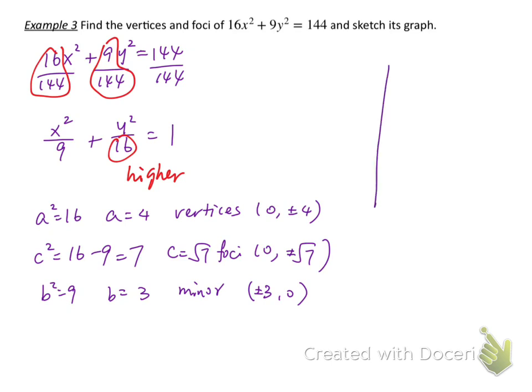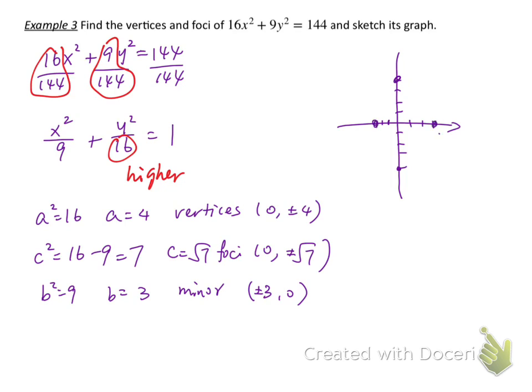So going back to the graph, this is something that's hard to do on a screen. So I'm counting 1, 2, 3, 4, 1, 2, 3, 4, 1, 2, 3, 1, 2, 3. So these two are my vertices.